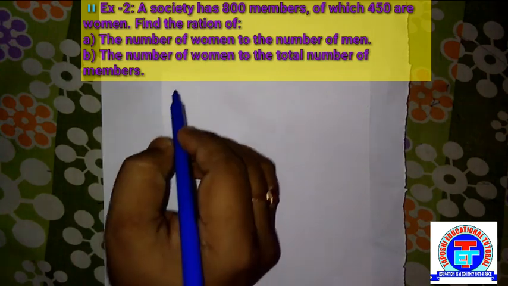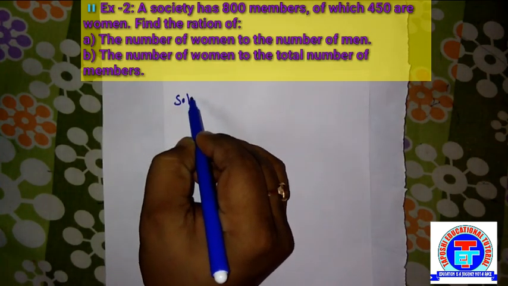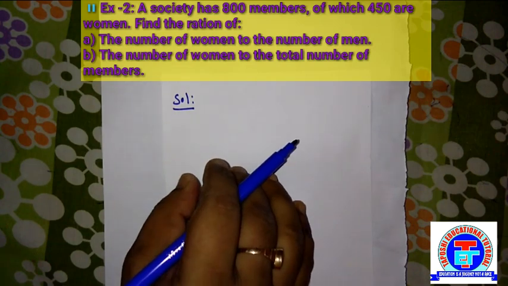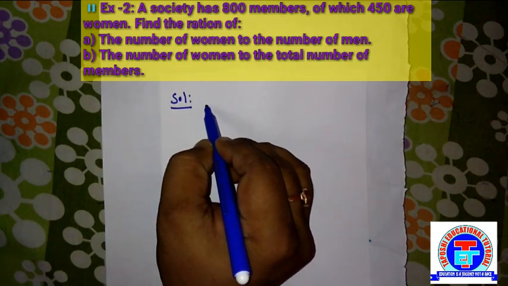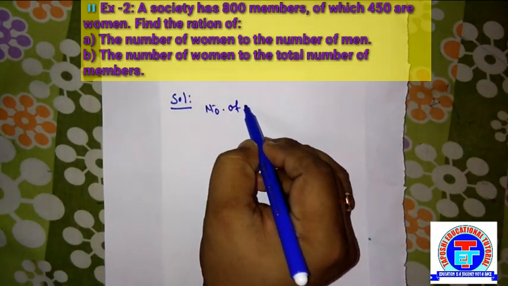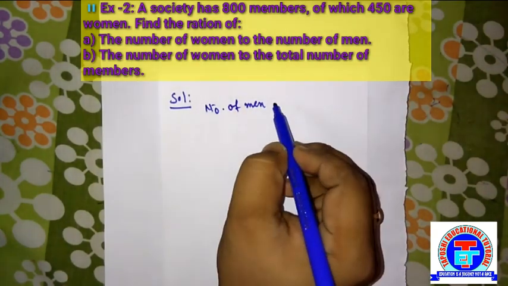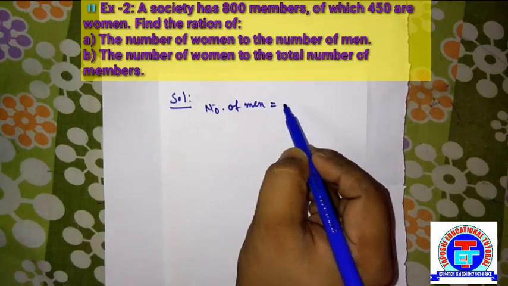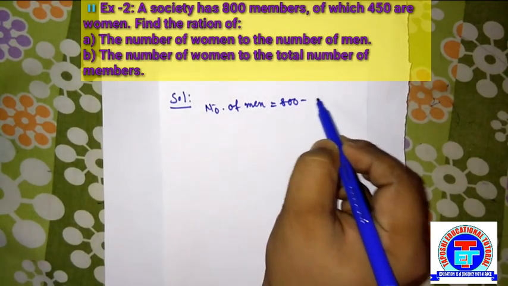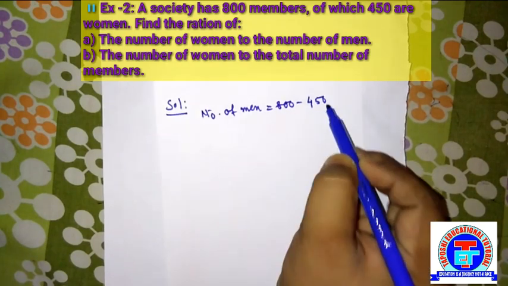So here is the solution, how to solve this problem. First of all, we find the number of men, which is equal to 800 minus 450.